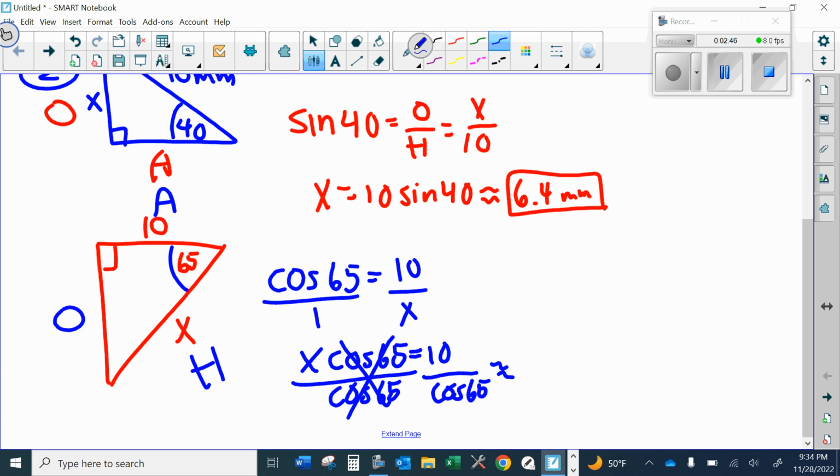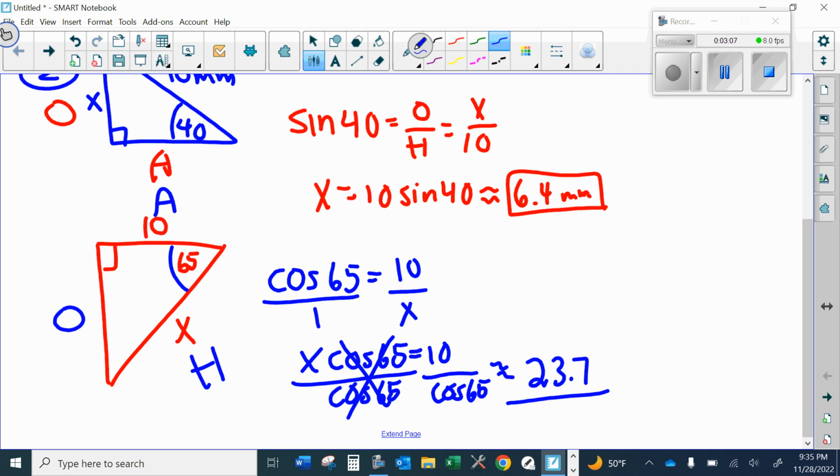Okay, and when you do that, 23.7. And then whatever the units are if they give you units. Okay.